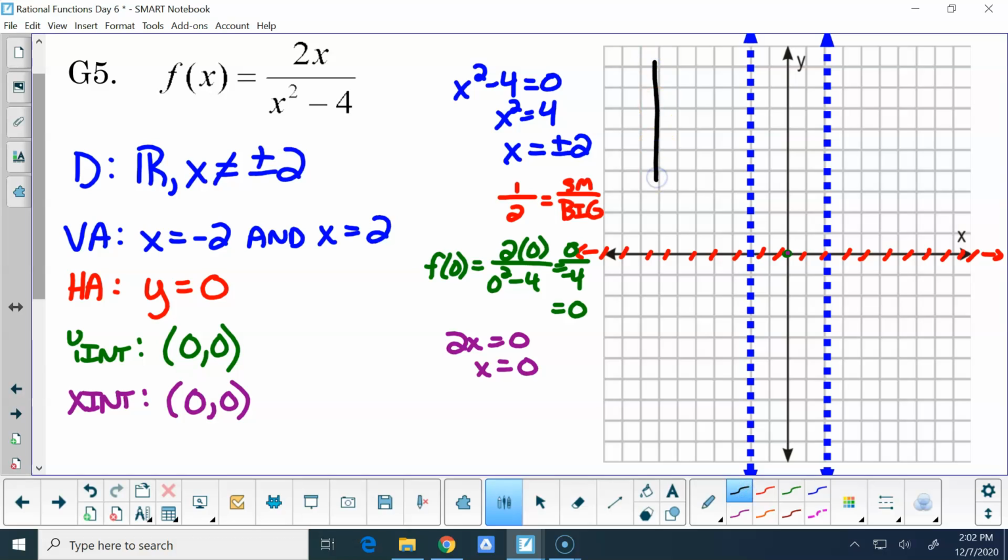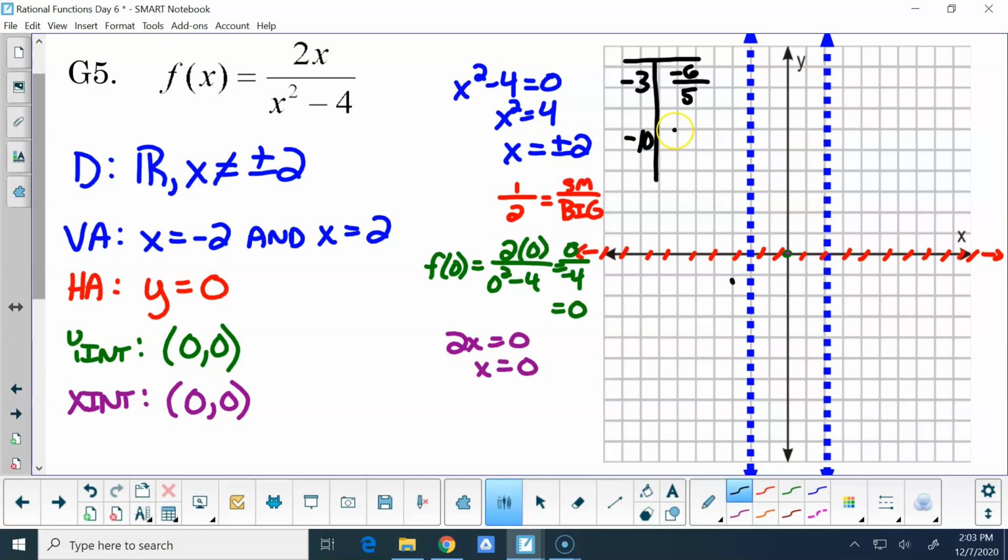So my first zone is over here. I'm going to try first off negative 3. Plug in negative 3, I get negative 6 on the top. On the bottom, I get positive 5. So that's going to be a little bit more than negative 1. Then probably go with negative 10-ish there.